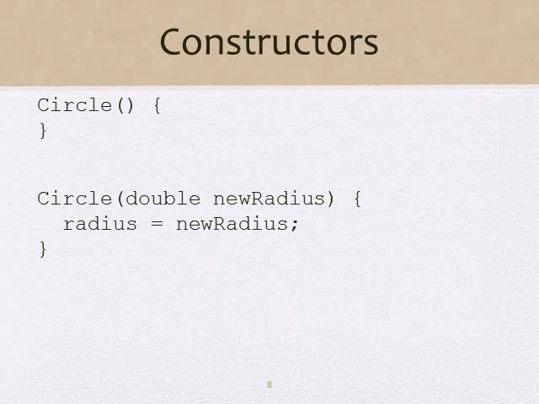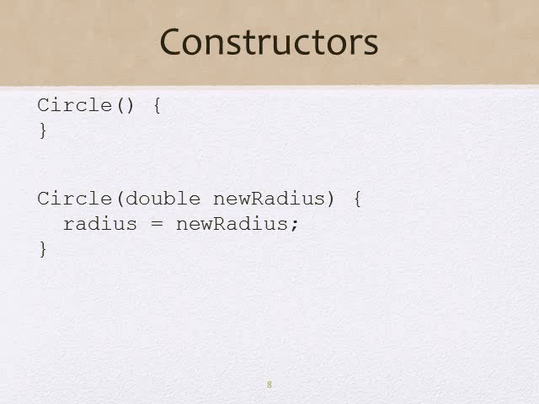The constructor methods deserve a little special attention because they're a special kind of method, and these are the methods that are invoked when we instantiate or create an object. A constructor with no parameters, such as the first constructor on the slide, is referred to as a no-arg constructor. No-brainer, right? Constructors must always have the same name as the class, including the capitalization.